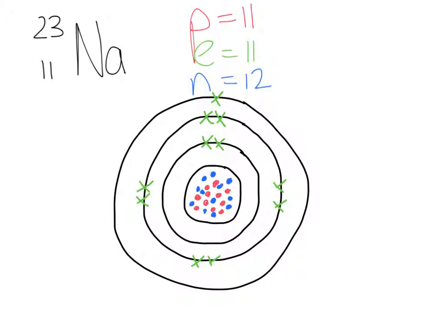So that drawing there is the structure of an atom of sodium, and you may well be asked to draw this in an exam. And the last thing you would need to do, just like with our apparatus, is to label it. So we'll get our key at the side here.